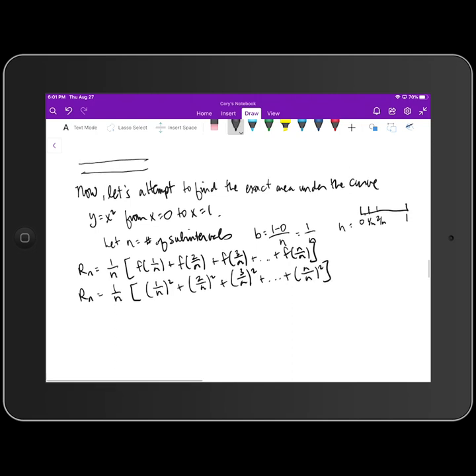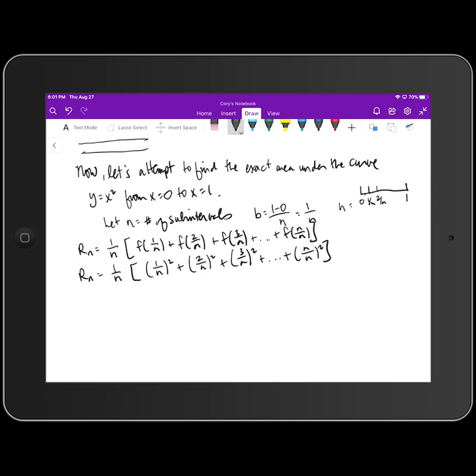So I want to rewrite each of those expressions inside the brackets. We get R sub n equal to 1 over n times, applying the square to the factors in both the numerator and denominator, 1 squared over n squared plus 2 squared over n squared plus 3 squared over n squared plus all the way out to n squared over n squared.